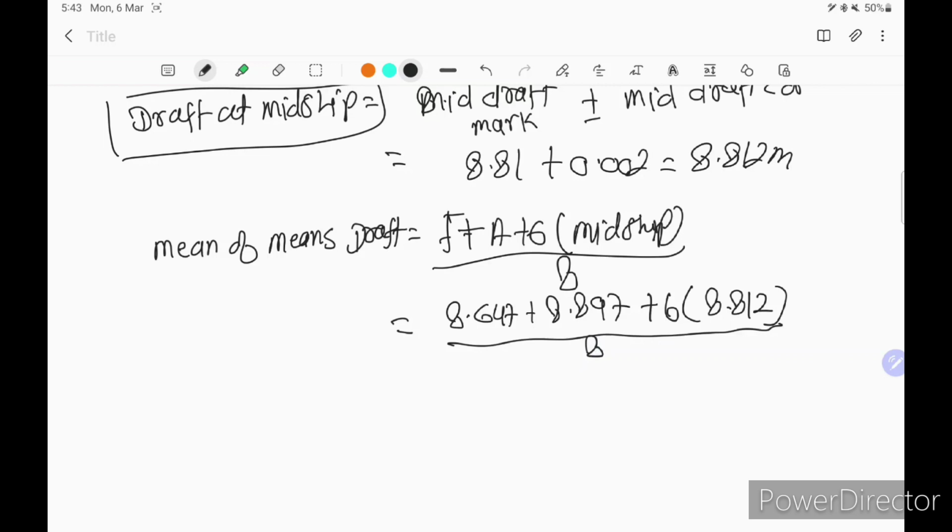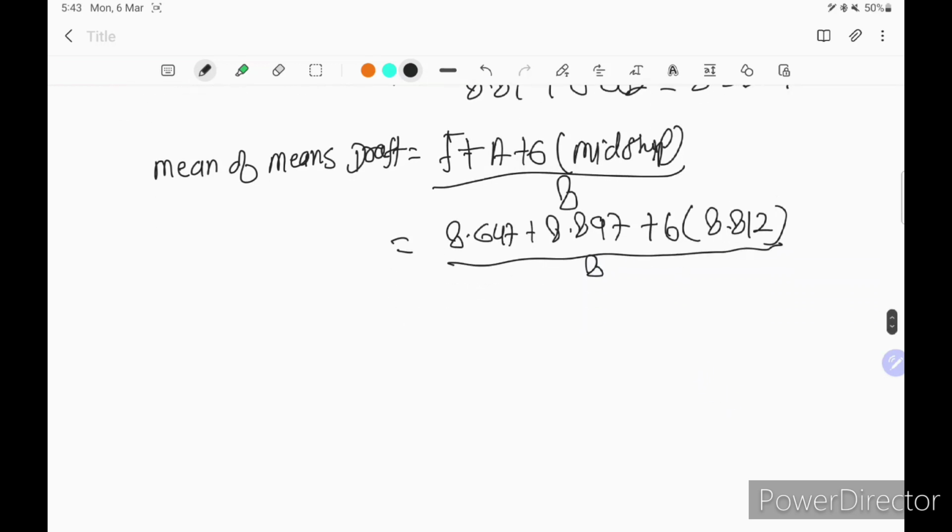If you watch all my draft survey videos, 10 videos, there is no need to solve past papers; you will understand, and then move on to your theory parts. Tankers numerical I will update shortly. So you will get the value 8.802 meters.